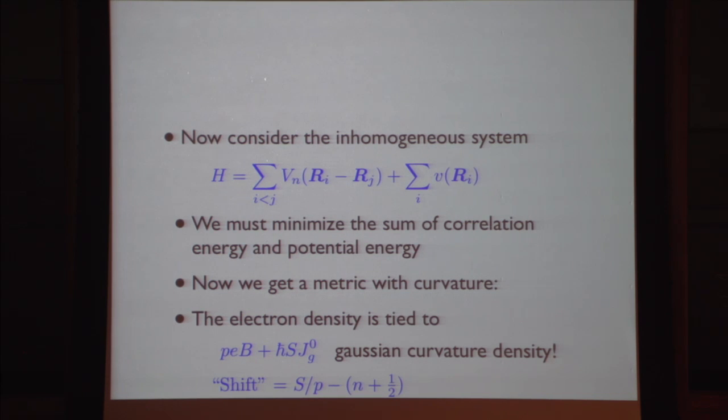And so the electron density is actually tied to the spin times the Gaussian curvature. So the larger the spin, the smaller the amount of distortion I need to get a large effect in the charge. So large spin means the thing is very floppy. And in fact, as you go down the Jain hierarchy sequence, the Laughlin state at 1/3 is 1 or -1.